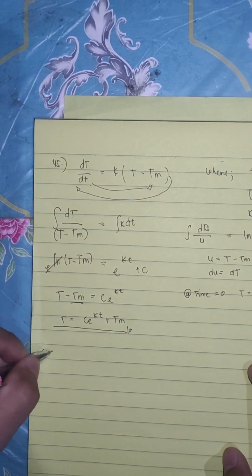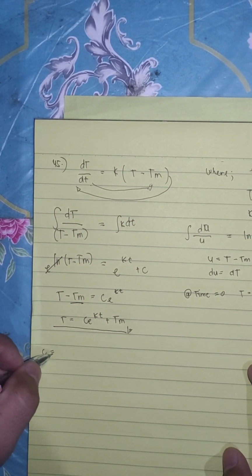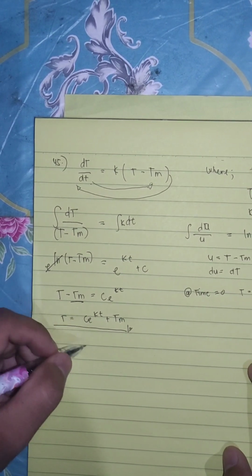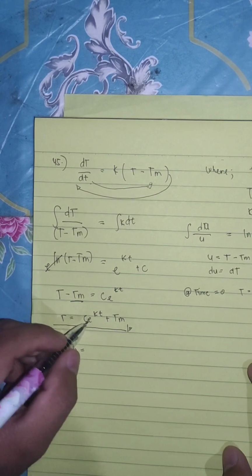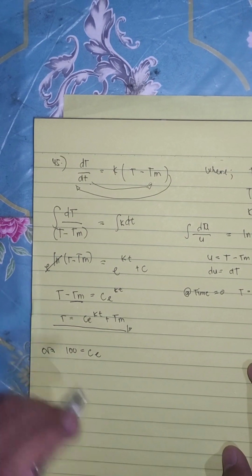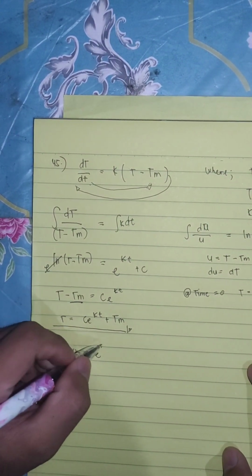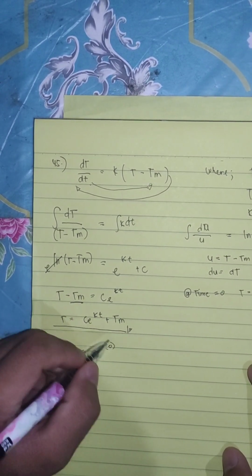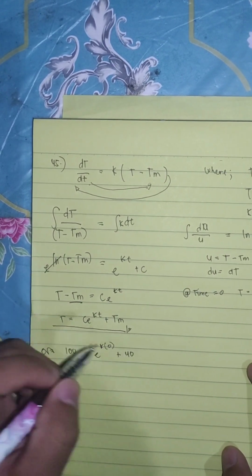So here we can input this to solve for the value of C. This is 100 equals C e to the k times 0, and guys, if you multiply this, k times 0 simply equals 0, so e to the 0 becomes 1, plus 40.